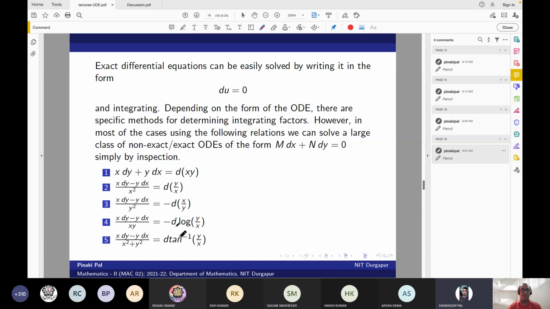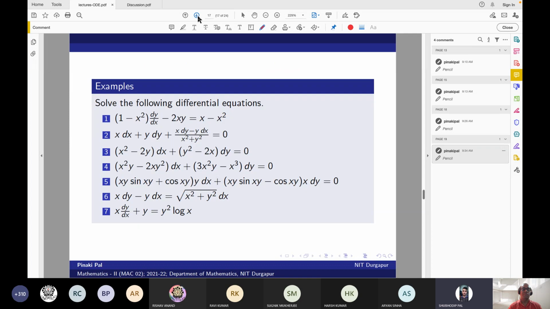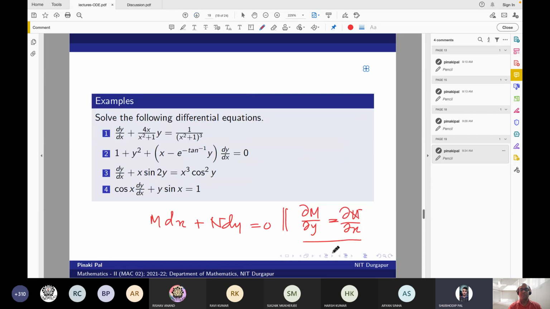Like in the first problem, we found the differential d of x square y. Once you have this relation del M by del y equal to del N by del x, you can arrange the differentials in such a way that eventually you will reach the form d of u is equal to 0.